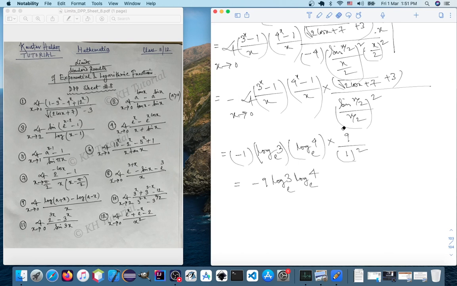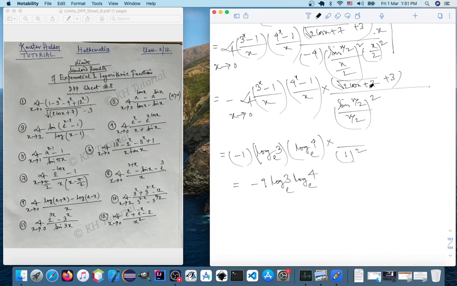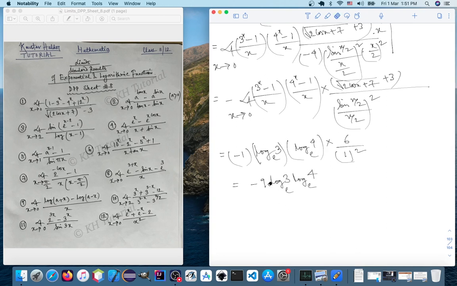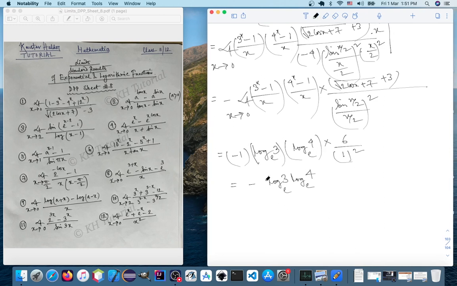336, sorry, this will be 6, 3 plus 3 is 6, and this is 6, and we can further simplify as 2 log e 2, and this becomes minus 12 log e 3 and e 2.